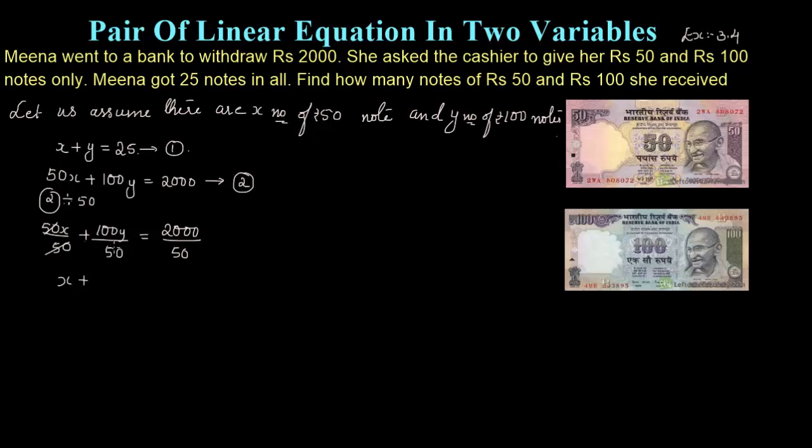You will have here x plus 100 divided by 50, which is 2y, is equal to 2000 divided by 50, the 0 will get cancelled, 5 4s are 20. You will have here 40. Only 40, not y, right? So this is your third equation, or you can just erase this one. Let us make this equation as 2 and cancel the other out.